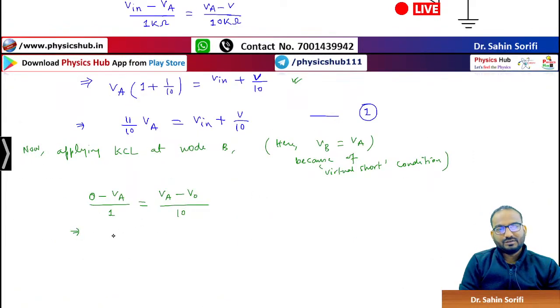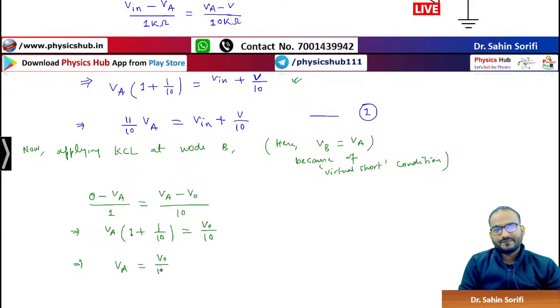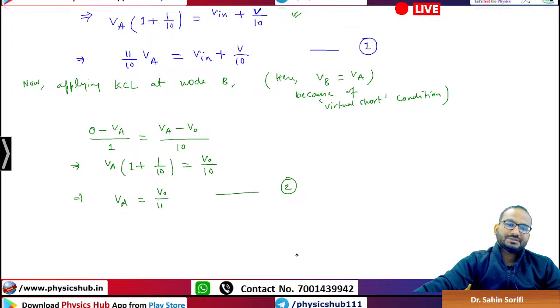We can take Va common, so Va times (1 plus 1 by 10) equals V0 by 10. It means we get the value of Va to be V0 by 11. Let's say this is equation number 2. So we are getting two equations: Va is equal to V0 by 11 and this.